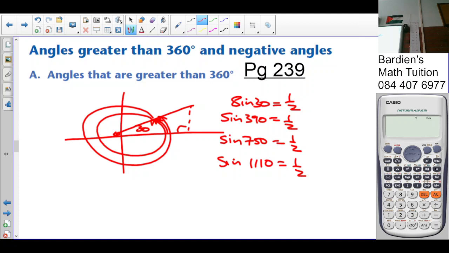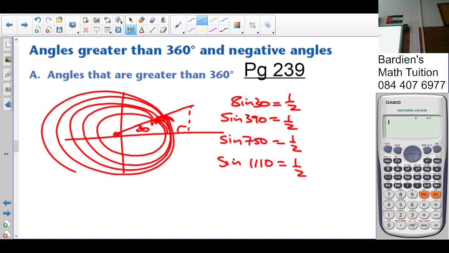It will always be the same. If I'm adding 360 to an angle, it will give me exactly the same answer. Why? Because as you add 360 to that angle, you will land exactly onto the same arm. Can you see that, people? Because it's lying on the same arm, it's going to be the same triangle.